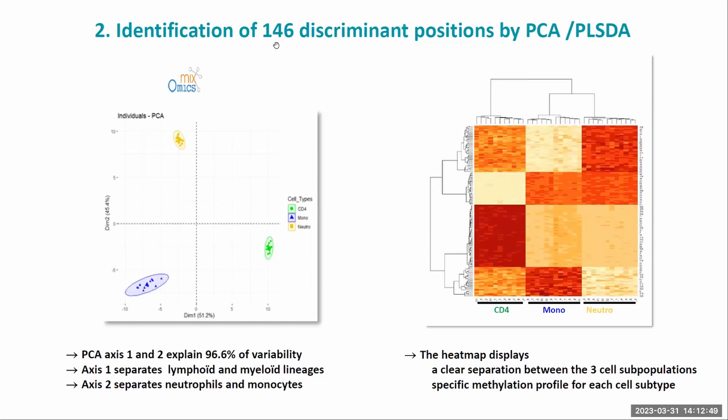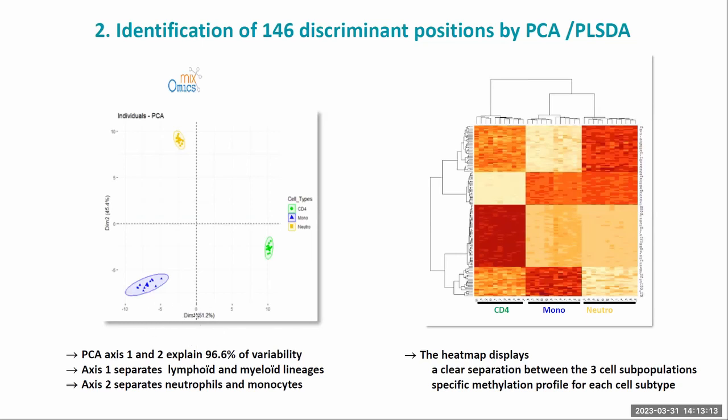With this, it's possible to identify 146 discriminant positions, and using the methylation information of this very small subset of discriminant positions, it is possible to have a clear separation between the three subpopulations.